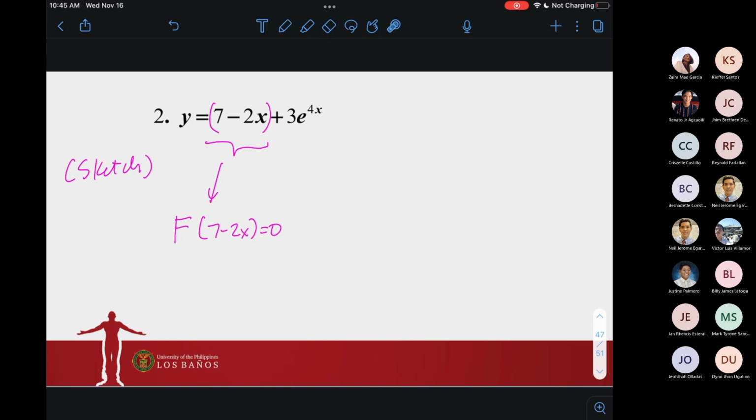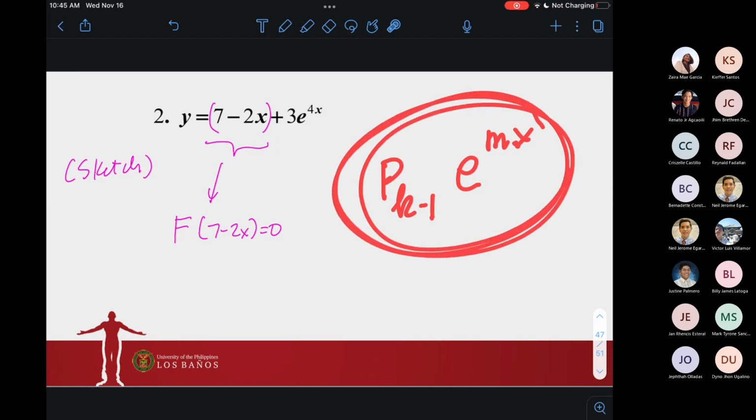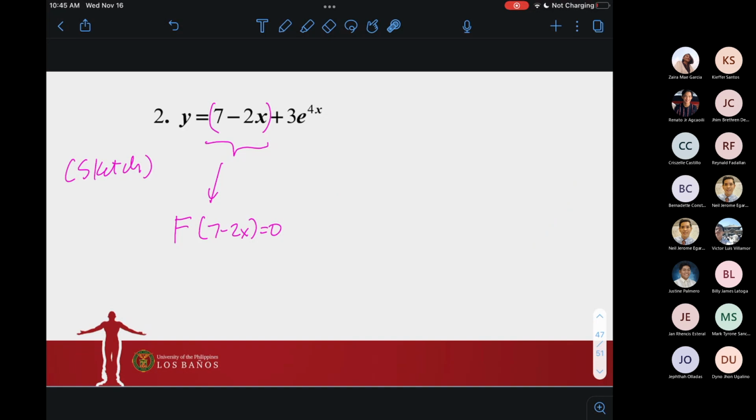Kapag meron kang repeated roots, meron kang polynomial of degree k minus 1, pero may multiplier ka na e to the mx, where m is a root of multiplicity k. Ito yung lumalabas kapag may repeated roots. Pero kasi dito yung 7 minus 2x, wala siyang multiplier na e to the mx. So hindi siya yung repeated roots.